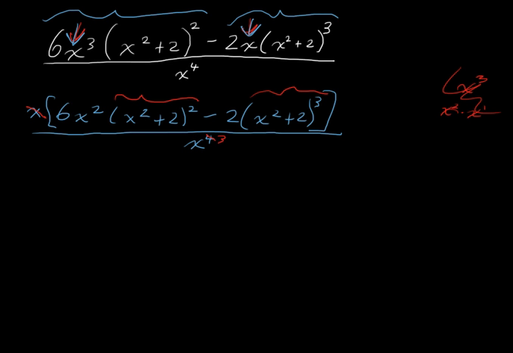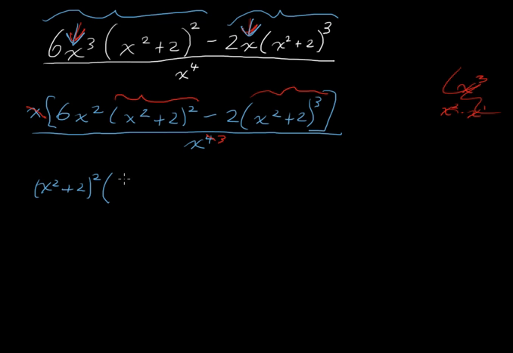So I am going to do that. Let's back up. Let's first factor out the x squared plus 2. So that will give us x squared plus 2 squared. I'm factoring out that whole thing. What's that being multiplied by?